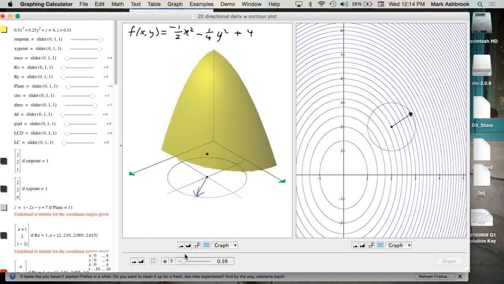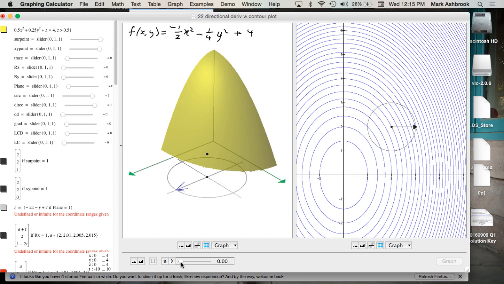Okay, so if I have this direction right here, let's say this one over here, what's the rate of change of f in that direction? Or let's do this. It's just a small angle theta.